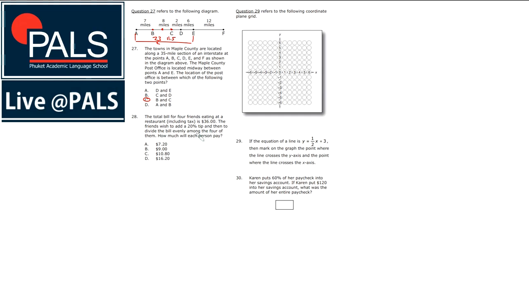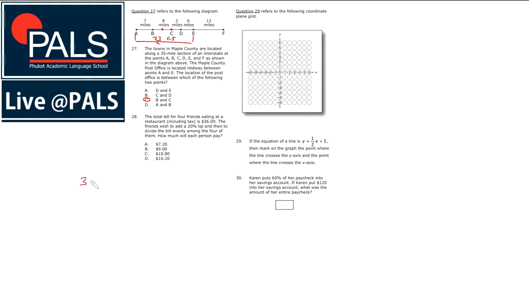The total bill for 4 friends eating at a restaurant, including tax, is $36. The friends wish to add 20% tip and then to divide the bill evenly among the 4 of them. How much will each person pay? So first we need to add 20%.